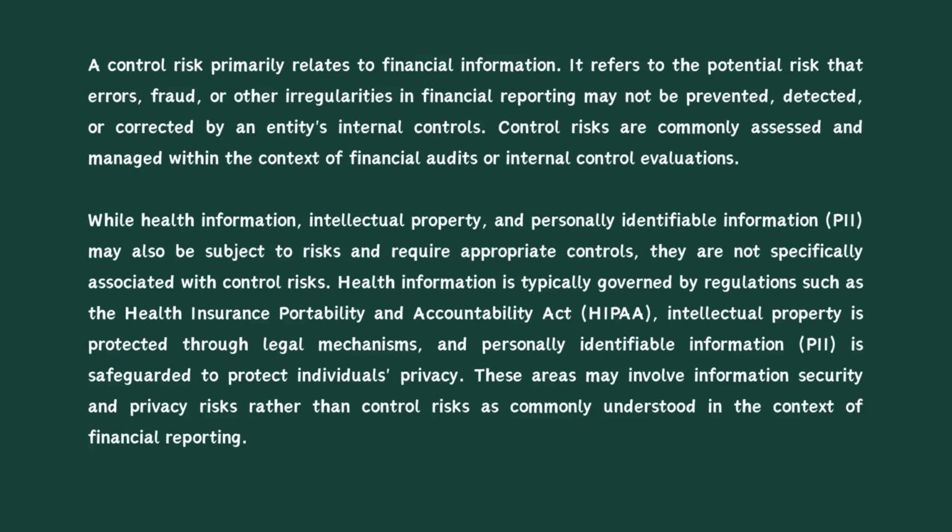Health information is typically governed by regulations such as the Health Insurance Portability and Accountability Act. Intellectual property is protected through legal mechanisms, and personally identifiable information is safeguarded to protect individuals' privacy. These areas may involve information security and privacy risks rather than control risks as commonly understood in the context of financial reporting.